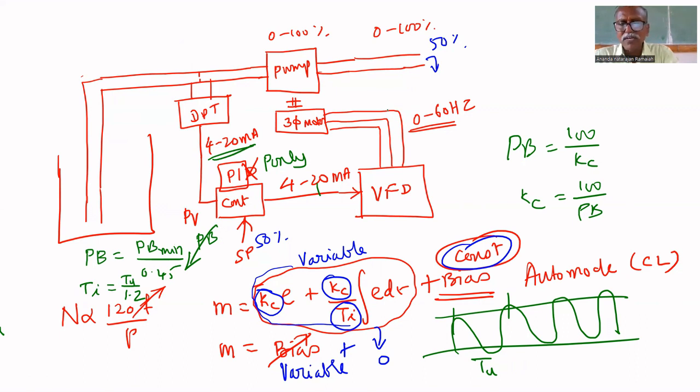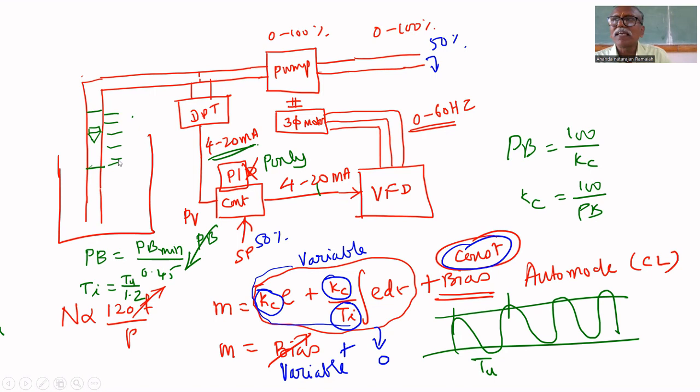Here, have you studied rotameter? Suppose a rotameter is here. Rotameter means one bob will be there. Depending upon the flow rate, the bob moves.